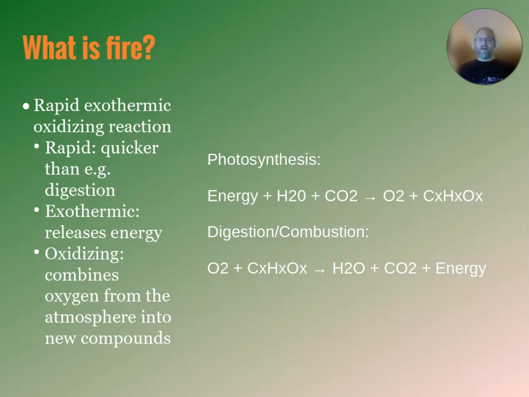And I've written out a simplified version of the chemical reaction formula for fire and for photosynthesis, because fire we can think of as being inverse photosynthesis. So when photosynthesis occurs, you've got a plant and it's taking in H2O, water, through its roots.